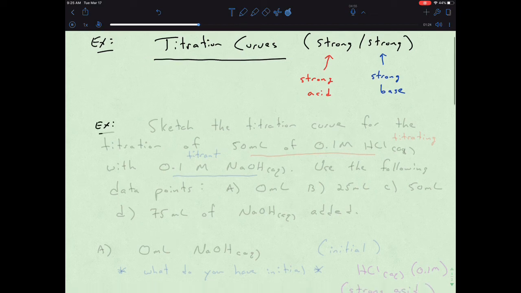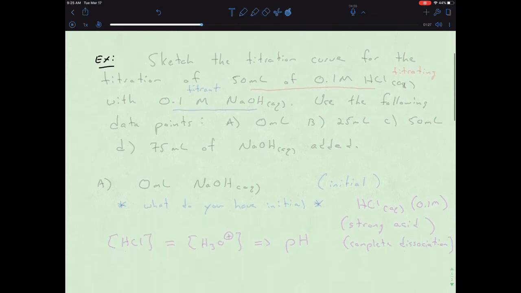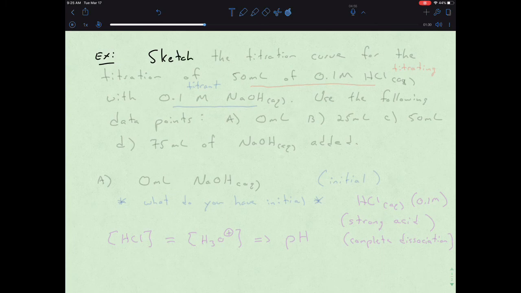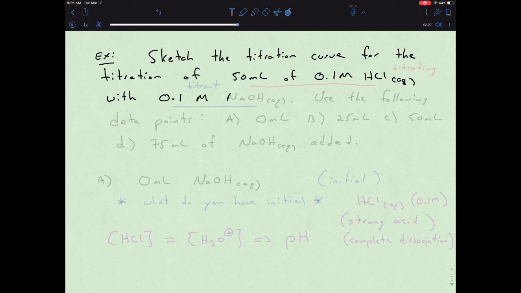So the example here is to sketch the titration curve for the titration of 50 milliliters of 0.1 molar HCl with 0.1 molar sodium hydroxide.